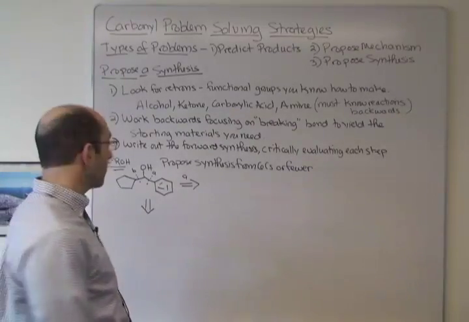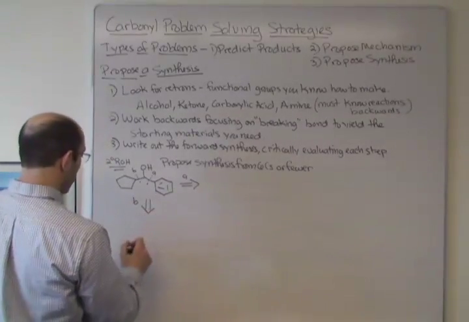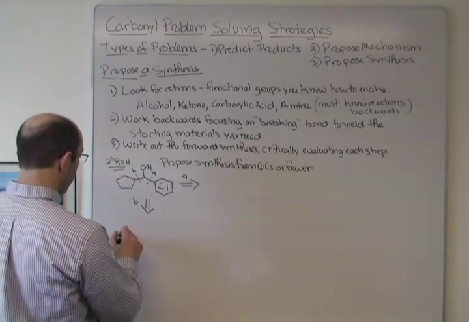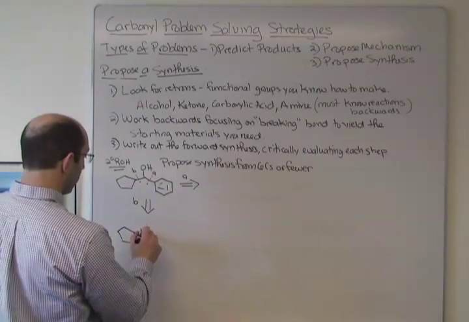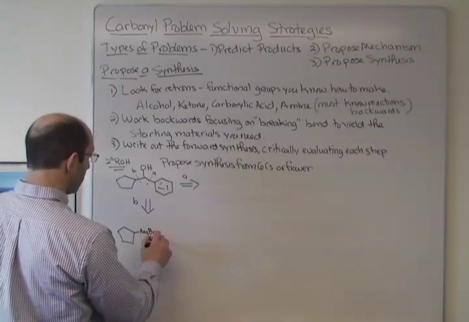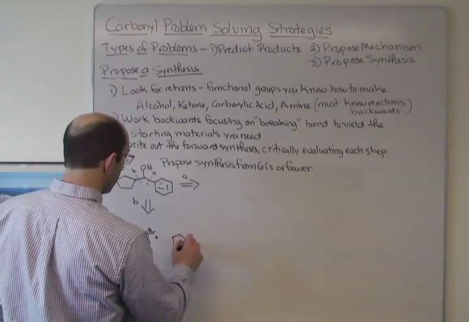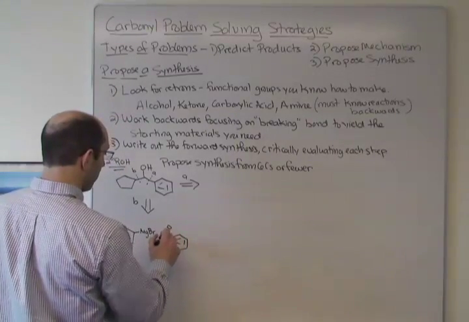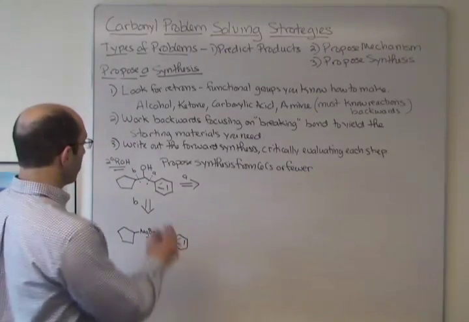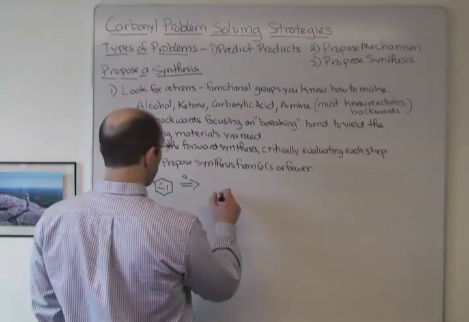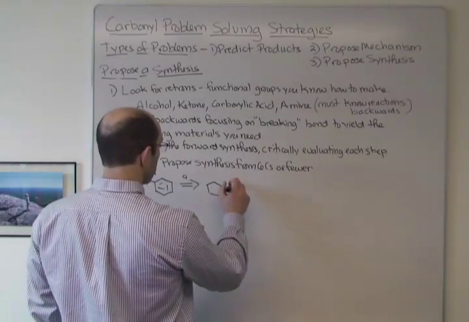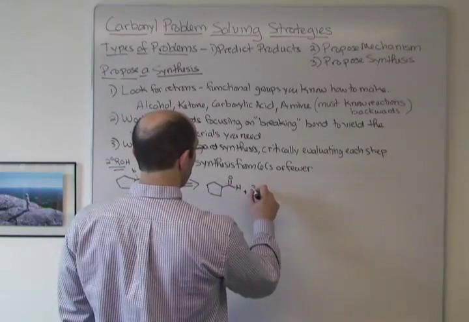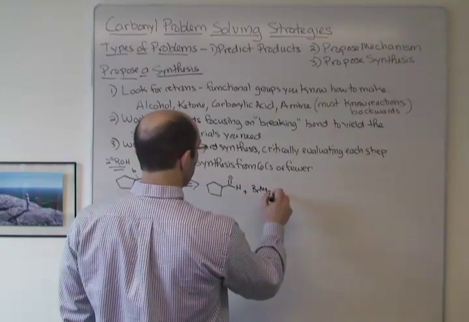If we look at disconnection B first, right, if we're going to make that bond in the forward direction, that means we're going to have that Grignard reagent plus that aldehyde. Right? And if we go by disconnection A, we'll have a different aldehyde plus phenyl magnesium bromide.